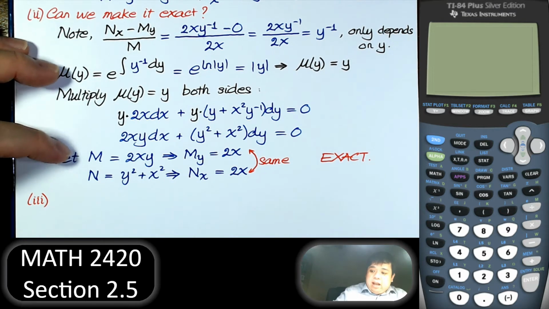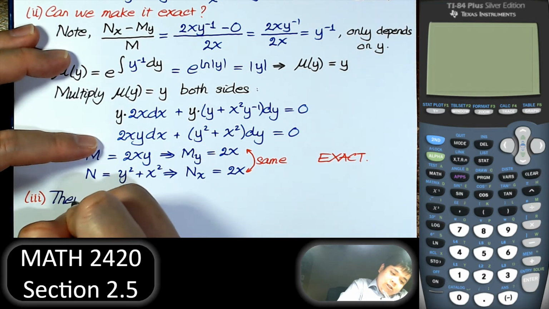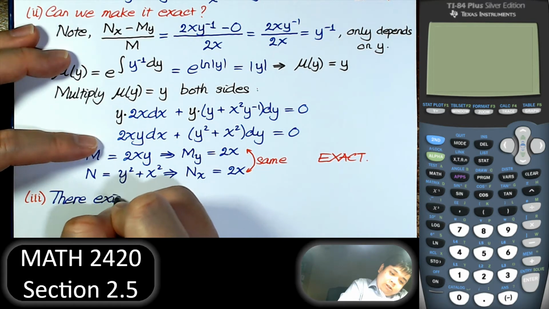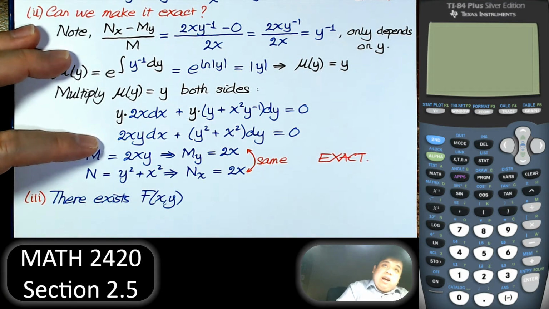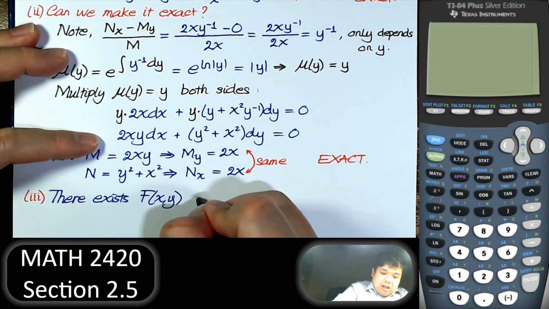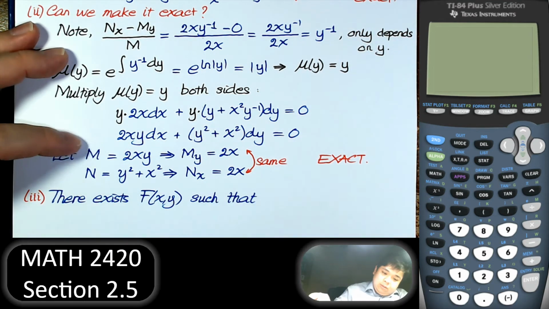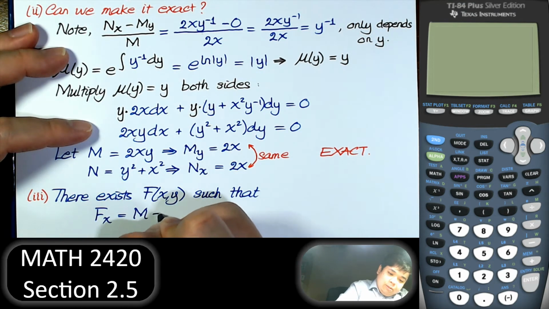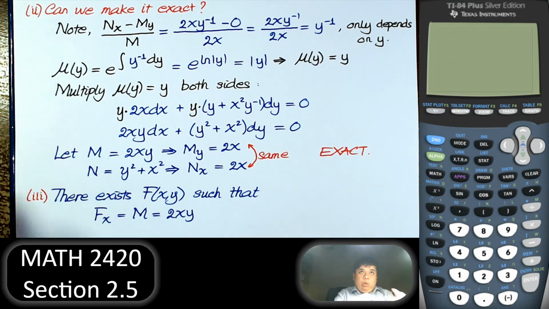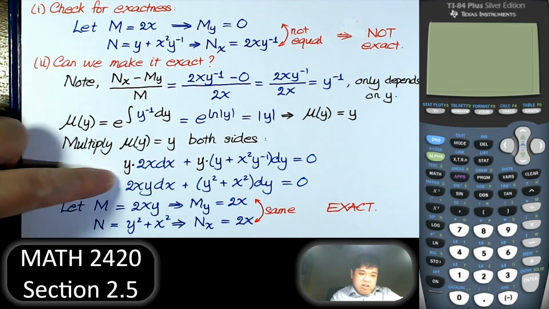So if it is exact, we can say there exists a potential function f of x, y such that the derivative with respect to x is equal to M. By the way, in the next section, we'll solve this particular equation differently.